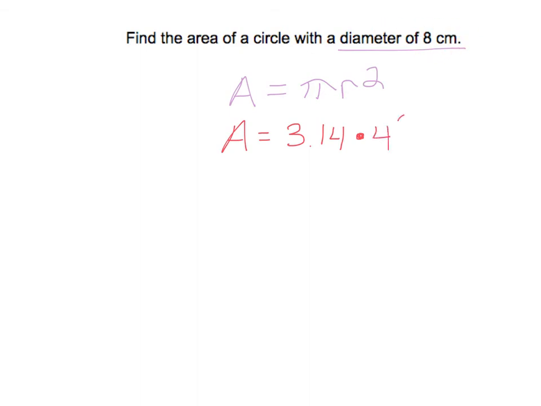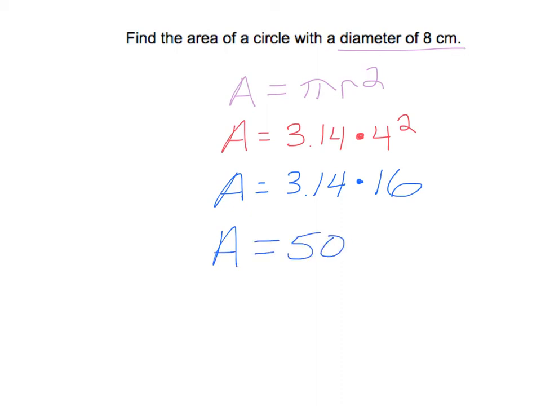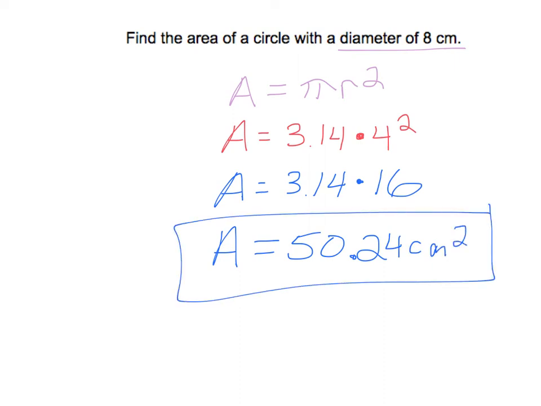So I'm going to use half of it, which is 4. Then that will be 3.14 times 16, because 4 squared is 16. Then we'll times those two together, and area is going to be 50.24 centimeters squared.